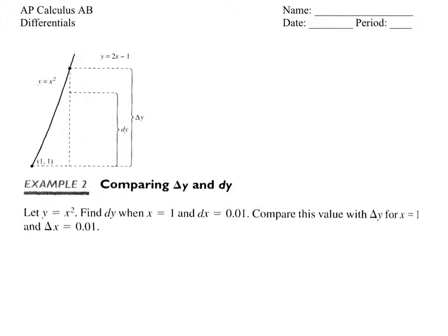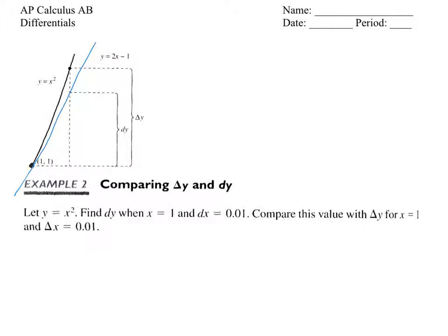And here's the point (1, 1) on that curve, okay? Well, then we have a line which actually is not showing up really well at all, but let me draw it in here. This line is like that. There's our tangent line.